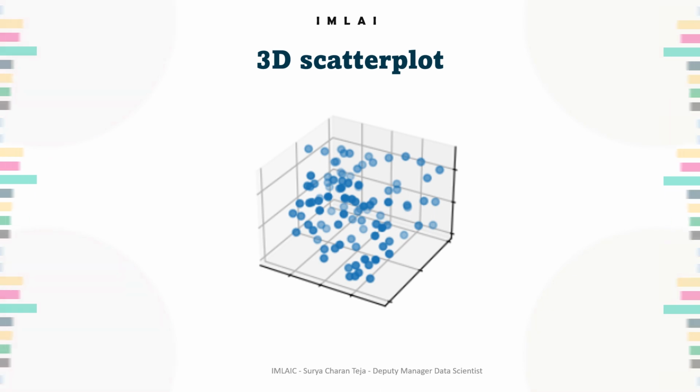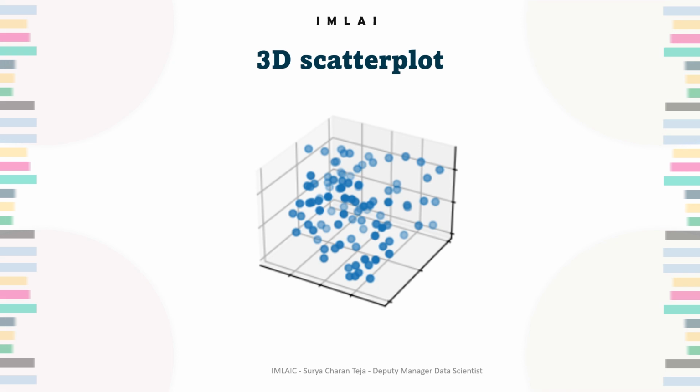A fourth variable can be set to correspond to the color or size of the markers, thus adding another dimension to the plot.